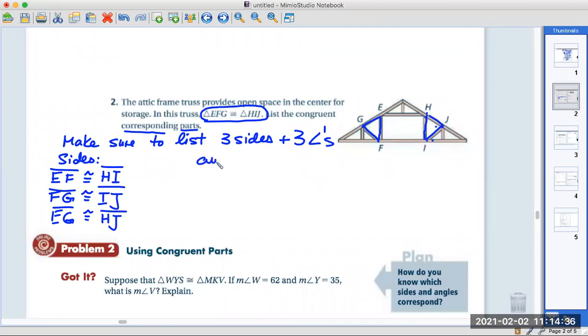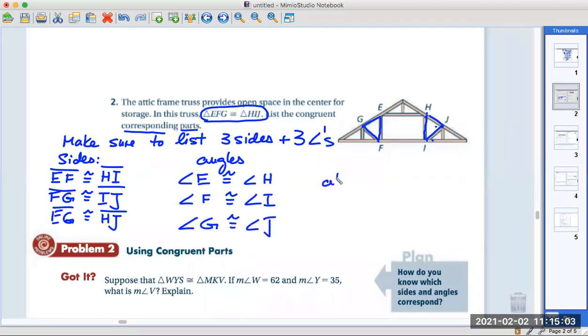Now comes the angles. We got to have 3. Angle E congruent to angle H. Angle F congruent to the middle one, angle I. And the last one, angle G, is congruent to angle J. Now these are all the corresponding parts.